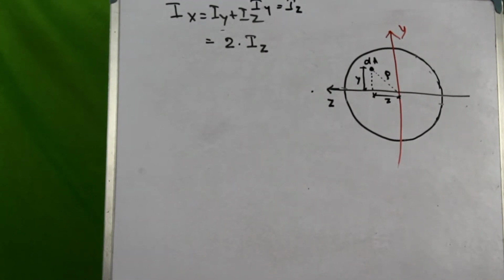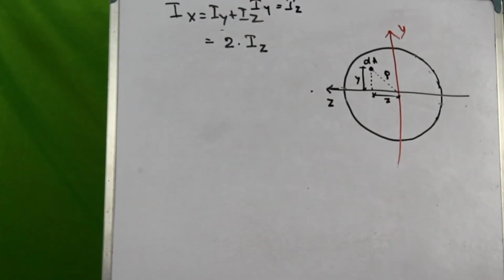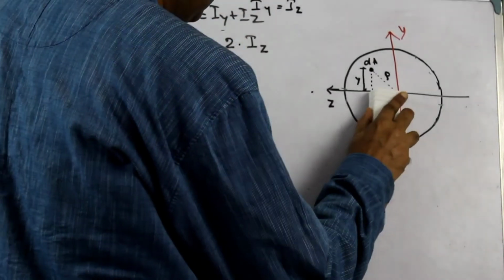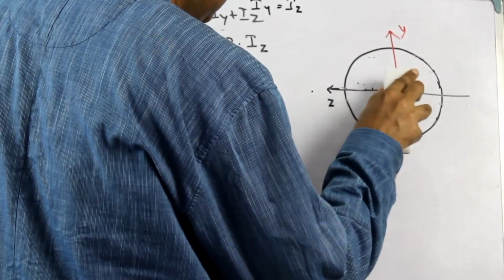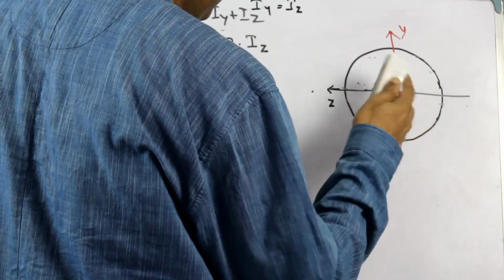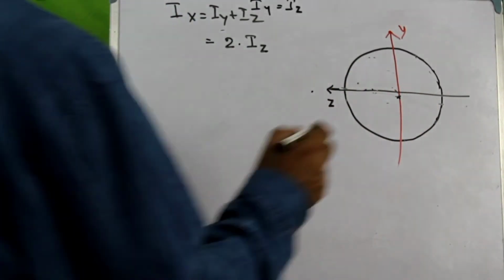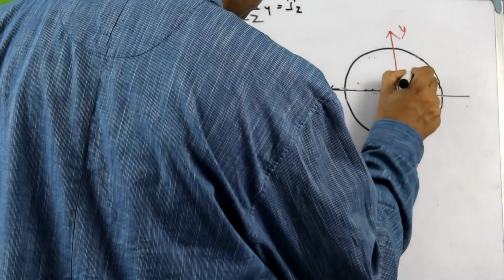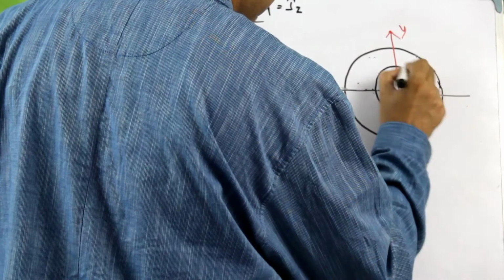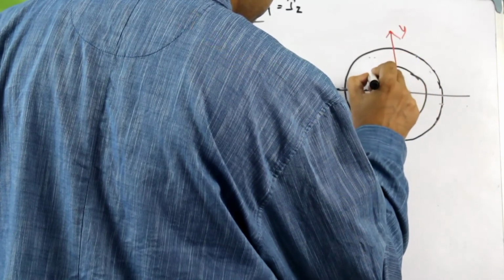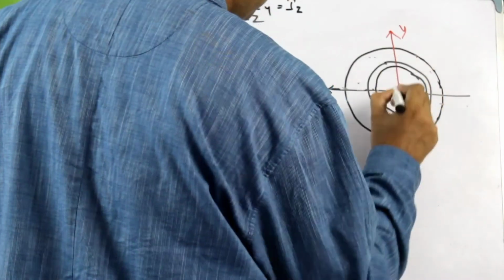So now let us consider this circular section. We can remove this now, and let us consider an elemental area of this circle at a distance of rho from the center.